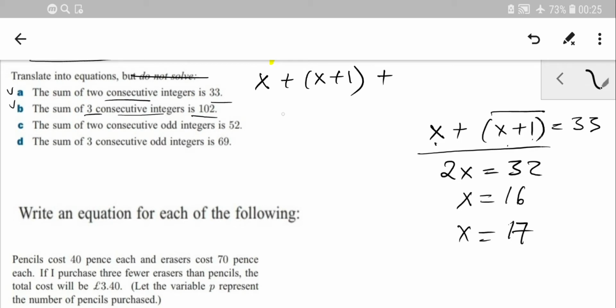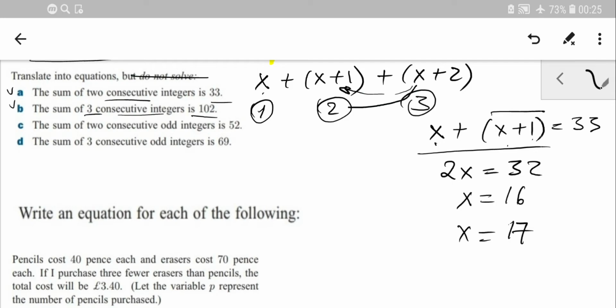I mean the first number, then the second number, and the third is going to be just 2 units more than the first one. It's 1 unit more than the previous, but 2 units more than the very first one. That's why you'll have x plus 2. So the result, if you add them up, you'll get 102.